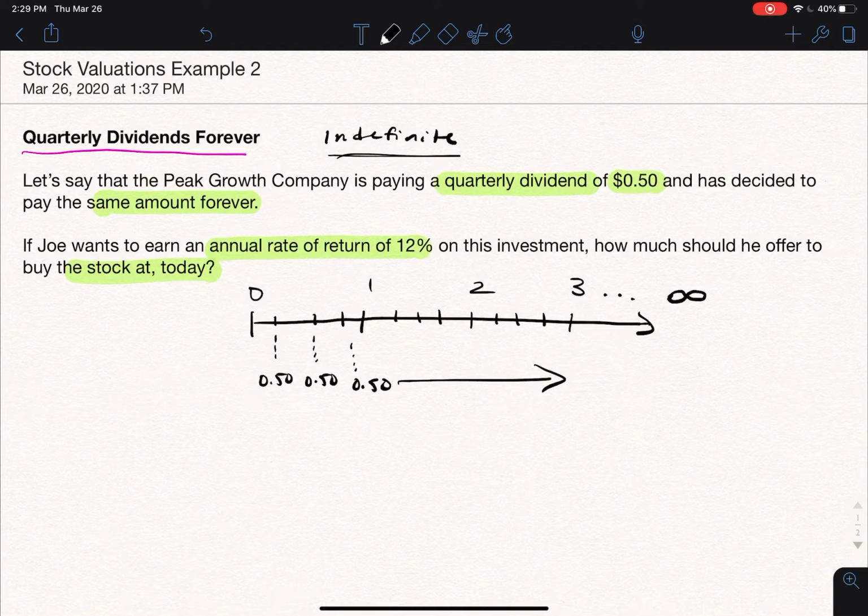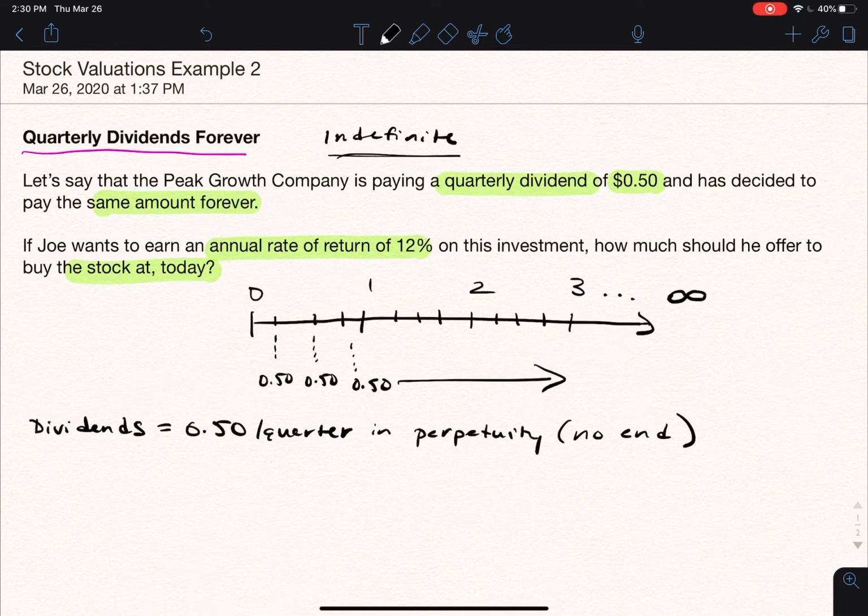All right, so we've been given that information so far. So that means that dividends equal 50 cents per quarter, and this is why I talked about this in the first example, in perpetuity, because there's no end, right?